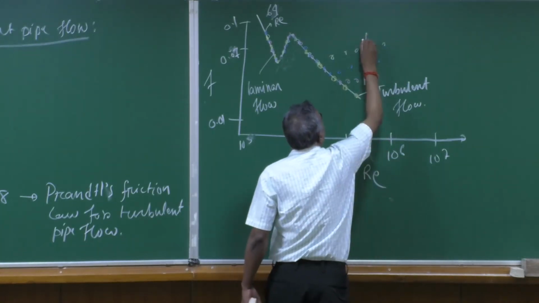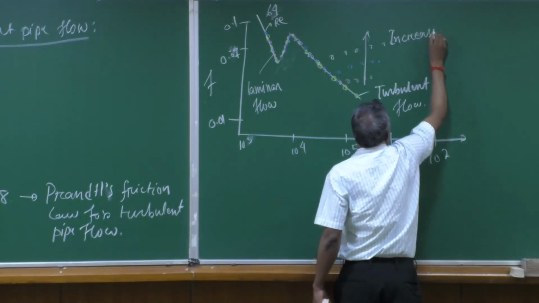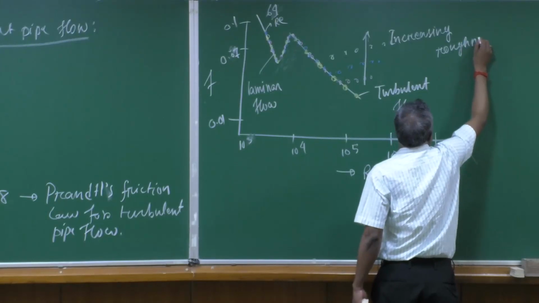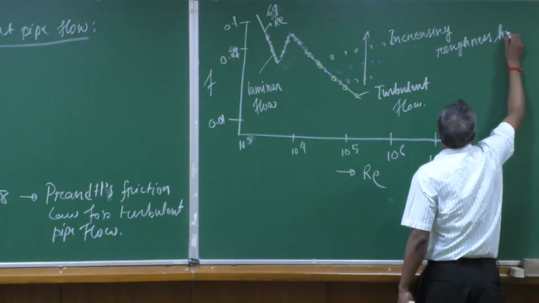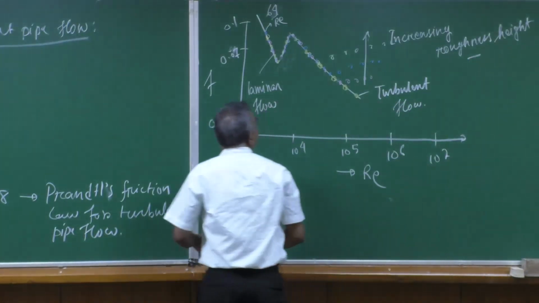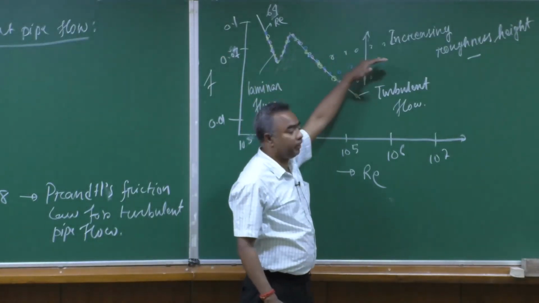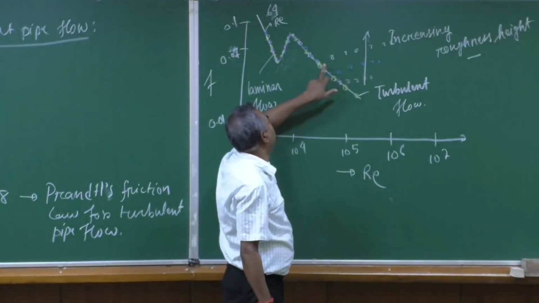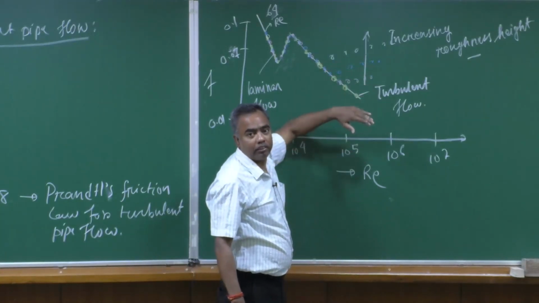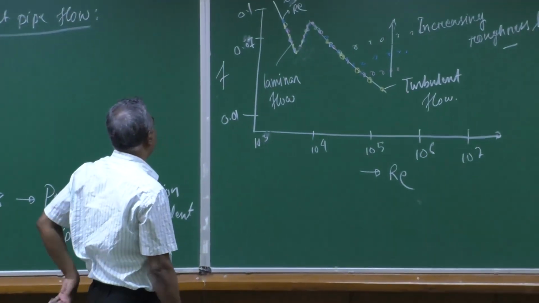So, this is for increasing roughness height. What it shows essentially is that for increasing roughness height, your skin friction increases for high Reynolds number. Okay. So, this is the friction law.